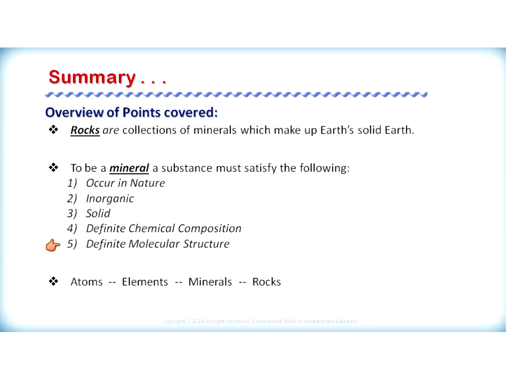So these 5 characteristics are what define any material as a mineral. And when we look at rock chemistry, we know that the smallest particles of matter are atoms, which in turn make up elements, which in turn make up minerals, and finally, minerals make up rocks.